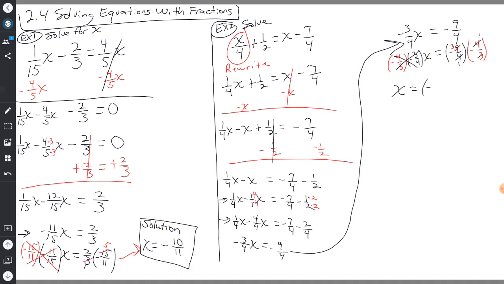We're left with -3 times -4, or -1 actually, from here. So x is equal to 3. That's our solution for that.